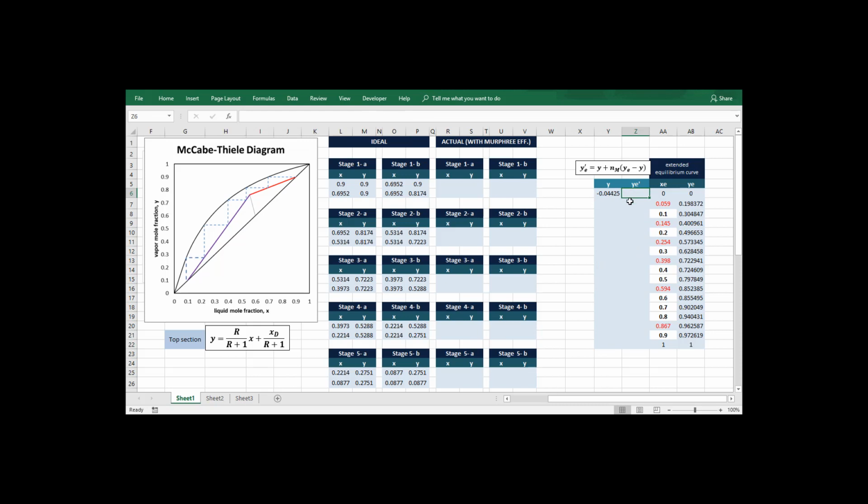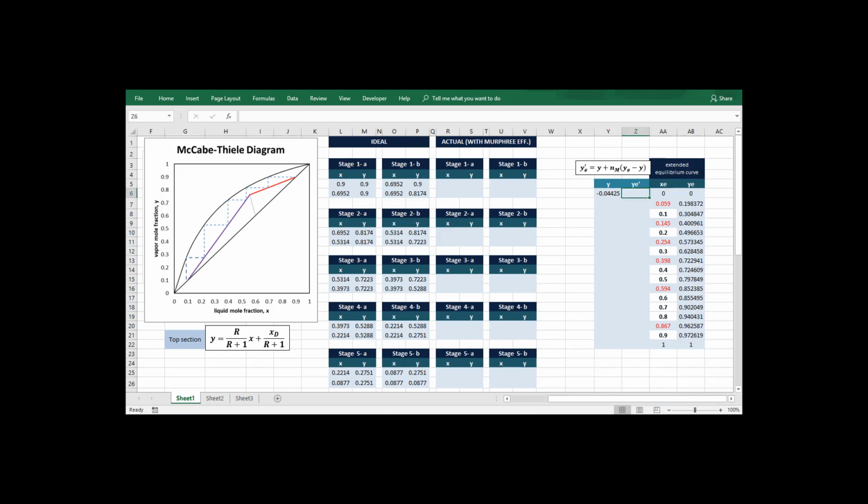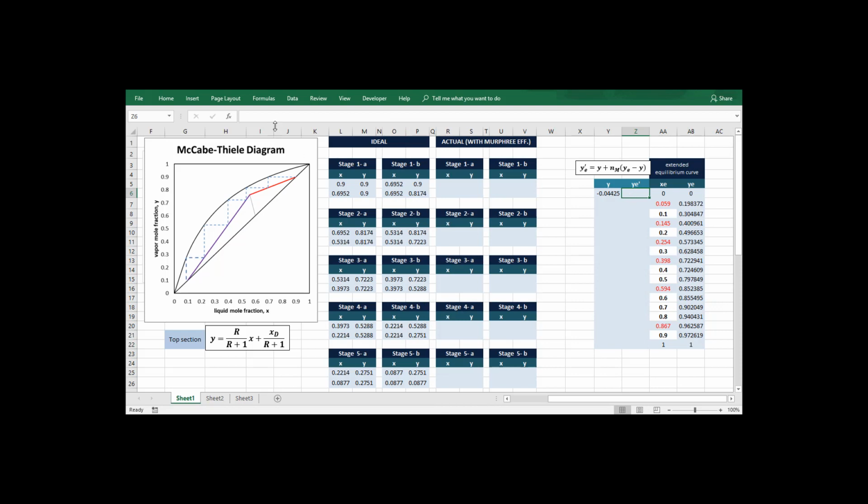Next up is ye prime. In solving for ye prime, we will use this formula. So I'll just input the formula. Just like what I did for ye, I will just drag this down, and also this.